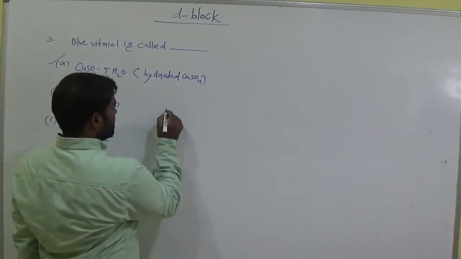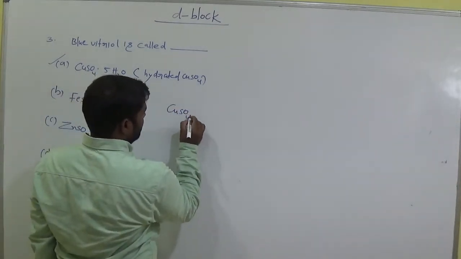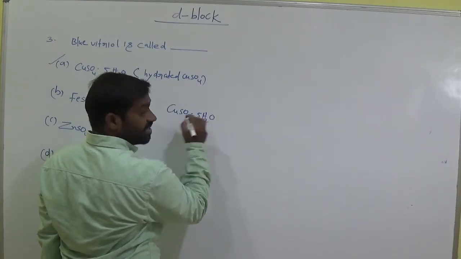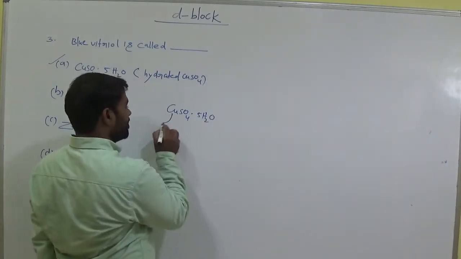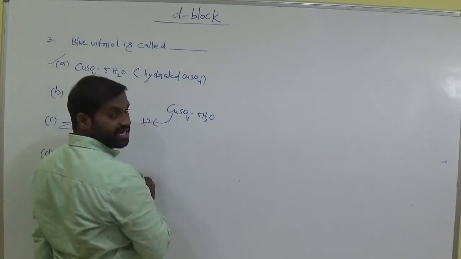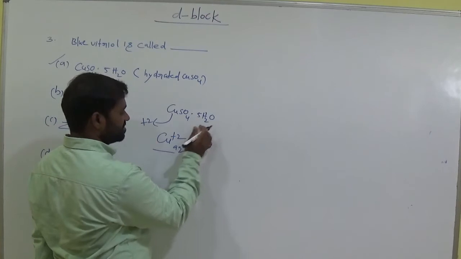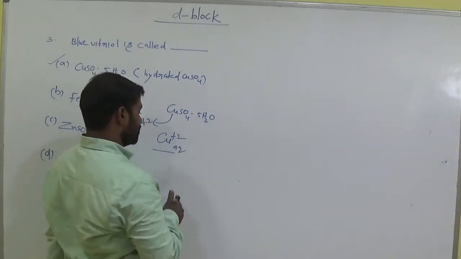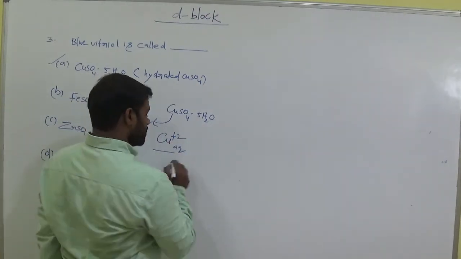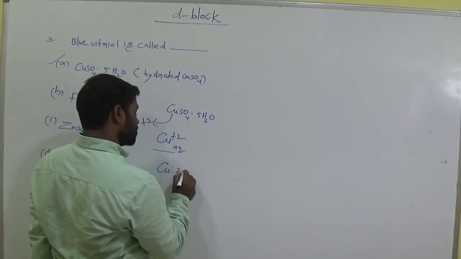So let us see, in copper sulfate pentahydrate, copper is in the +2 oxidation state, that means Cu+2 aqueous, because water content is there. What is the atomic number of copper? 29.